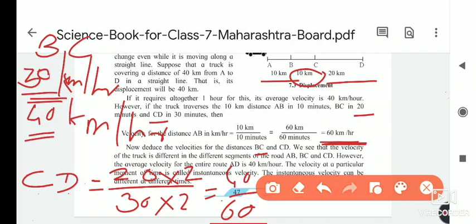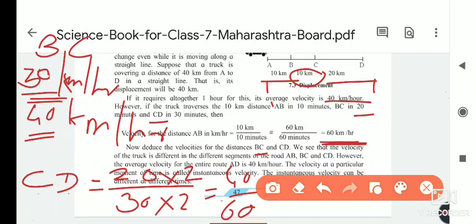Okay, so 60, 30, 40. If we take the whole AD distance, then the velocity we find is 40 kilometer per hour.